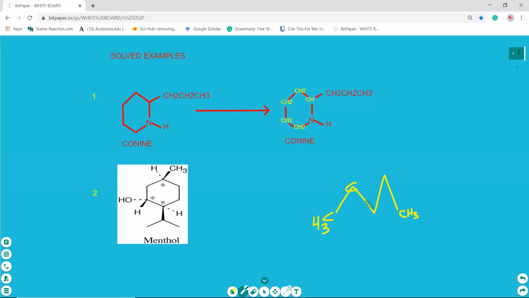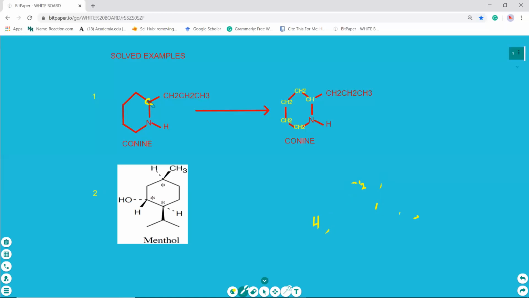This carbon is attached to 1 bond, another bond, that's 2, another bond, that's 3. How many bonds are we supposed to have around a carbon? We are supposed to have 4 bonds. So the 4th bond that we cannot see is hydrogen. Whether they show us or not, what will be there is hydrogen. And that's why I have just CH here.